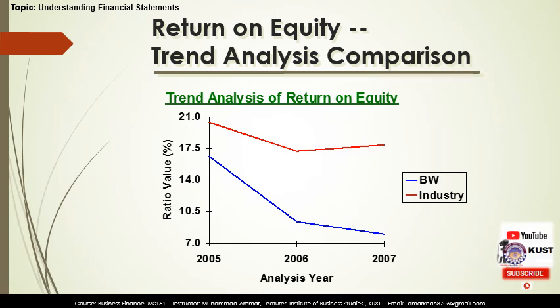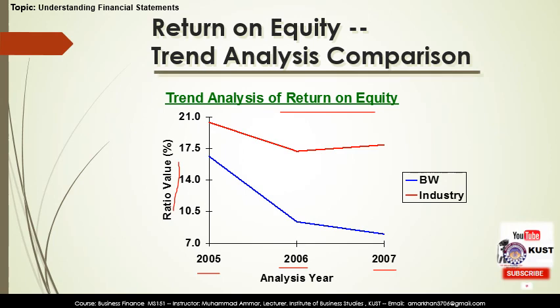In this slide they have given us a trend analysis of the return on equity with the industry average. In this graph you can clearly see on the horizontal axis the years 2005, 2006 and 2007, while on the vertical axis the ratio values are given in percentages.